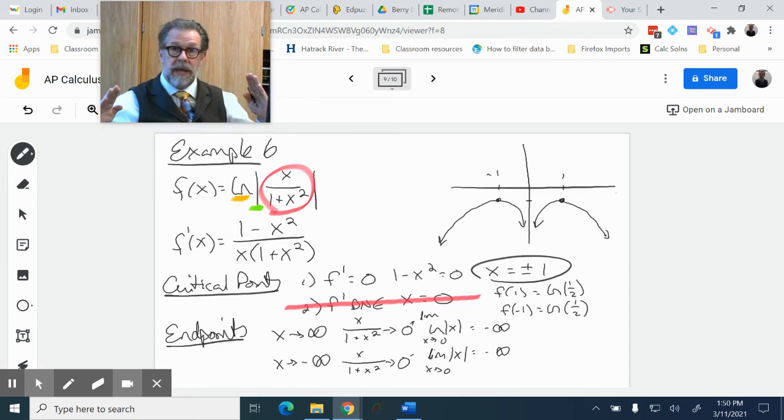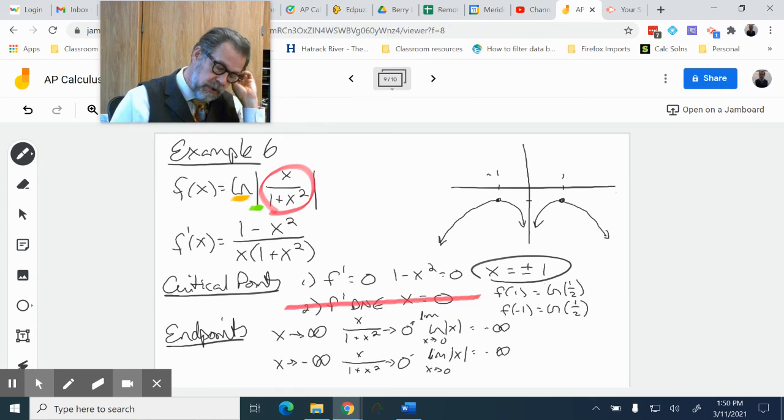If I started negative and I came up to my critical point, it has to go back down again. Wow, is that a true statement? Didn't I earlier say that critical points did not have to be max or min? So no, I just lied to you. Oops. Let's roll past it.